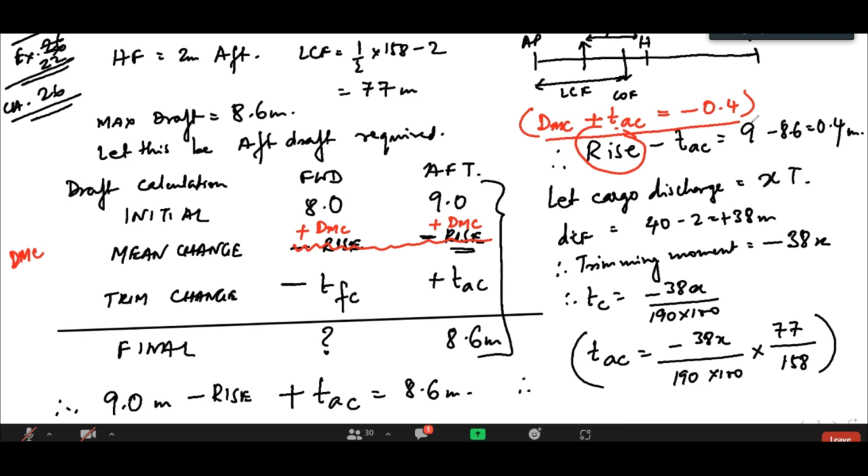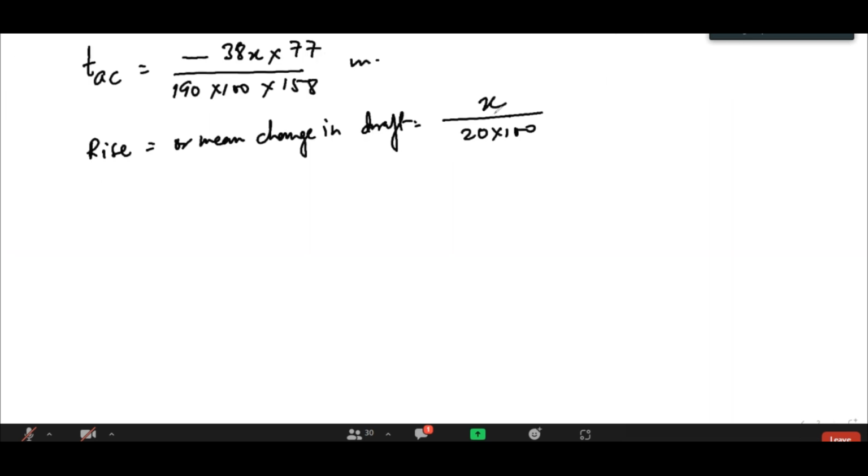But rise is going to be minus, which we have used in the equation. That is why here, the amount of rise, we are taking it as x. So either we can use this one in the equation, or you can use DMC is equal to minus x by 20 into 100. Is that okay? अब equation बनाएंगे.